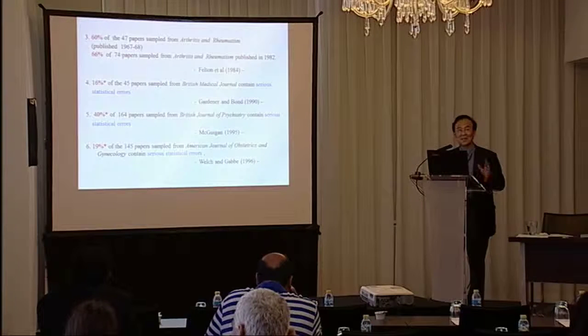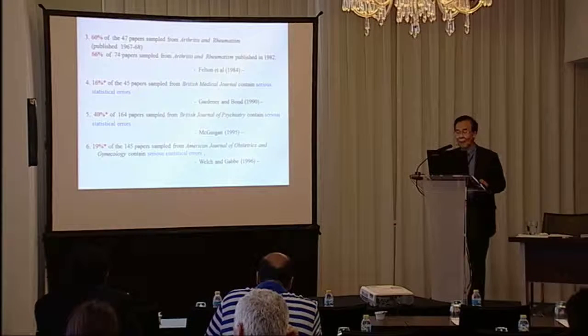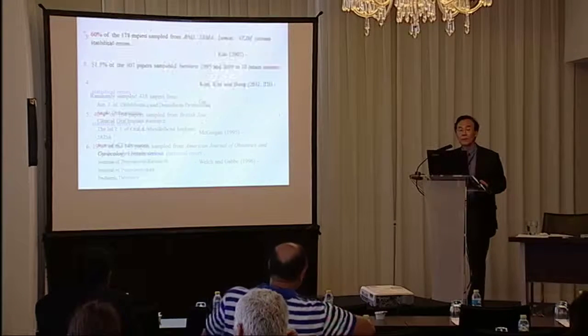Again, they didn't say what the serious errors are. In 1996, Welch and Gabbe took 145 papers from the American Journal of Obstetrics and Gynecology and found that 19% contained very serious statistical errors. Once again, they didn't say what the serious statistical errors are.